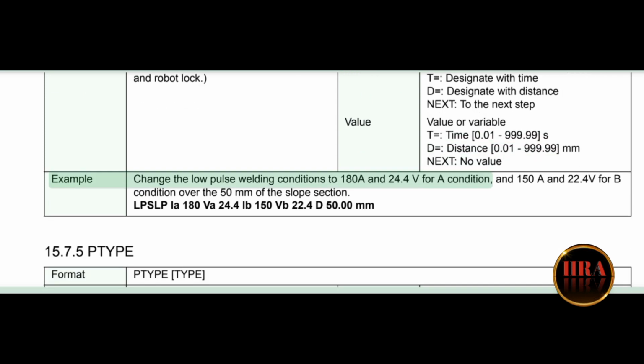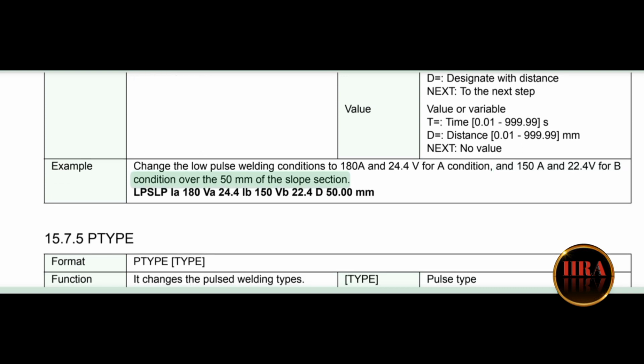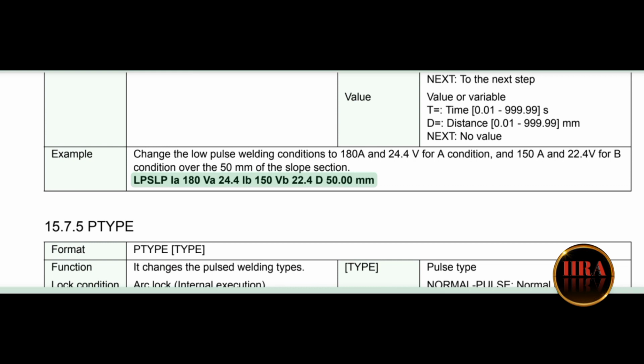Example: change the low pulse welding conditions to 180 A and 24.4 volts for A condition, and 150 A and 22.4 volts for B condition over the 50 mm of the slope section. LPSLP IA=180 VA=24.4 IB=150 VB=22.4 D=50.00 mm.